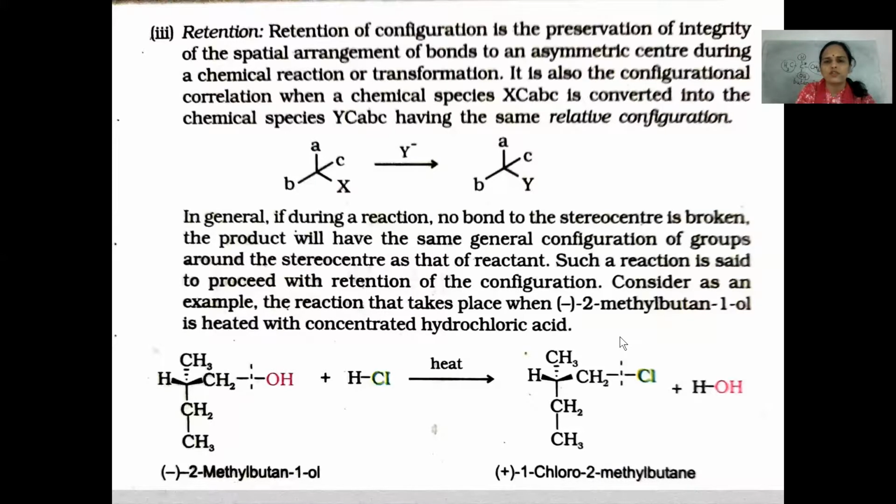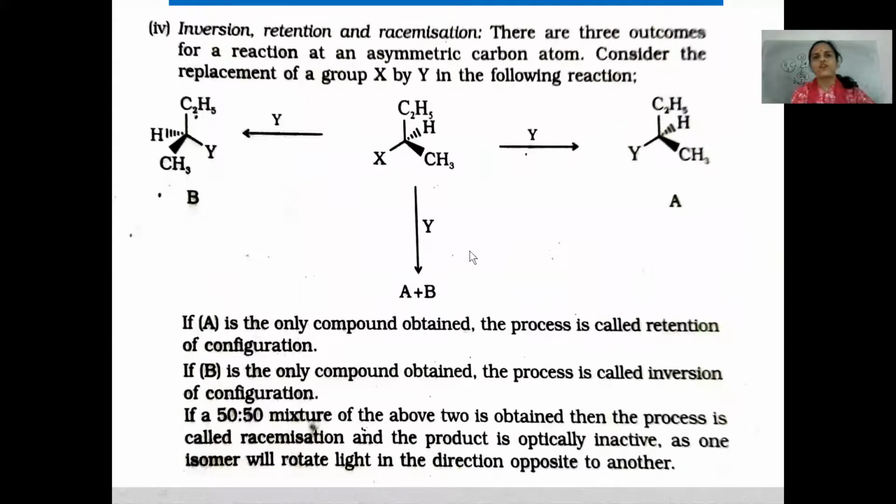Hope you have understood. Now look at this figure. This figure shows very beautifully the inversion, retention and racemization processes. So here you see C2H5, H, CH3 present. Only X is getting replaced with Y and A is formed. So it is retention of configuration.